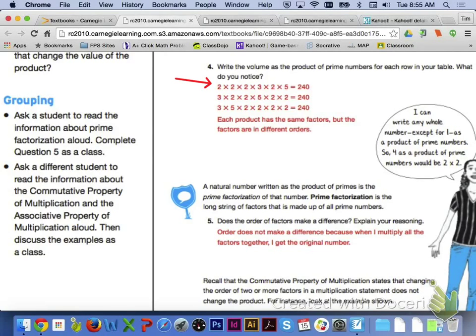For the second example, which was 12 by 5 by 4, I have 3 times 2 times 2 times 5 times 2 times 2. And finally, for the third example, for 15 by 2 by 8, I have 3 times 5 times 2 times 2 times 2 times 2. In every single example, you are still getting 240 for your product.